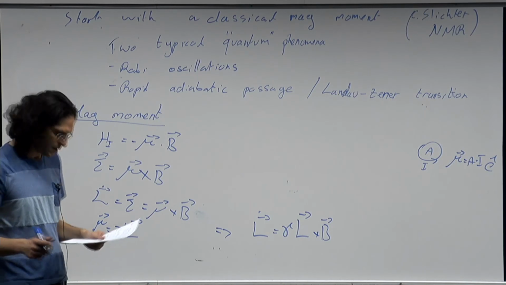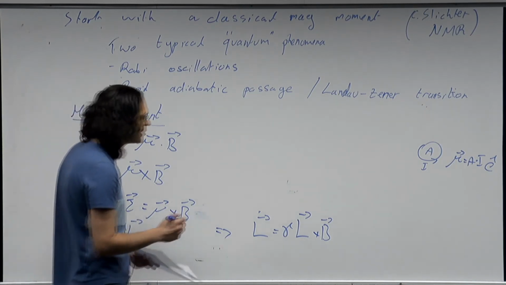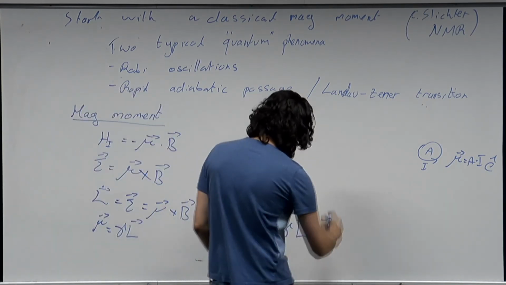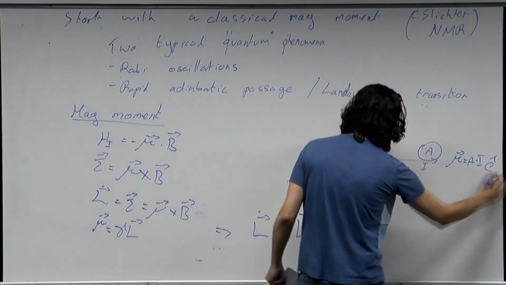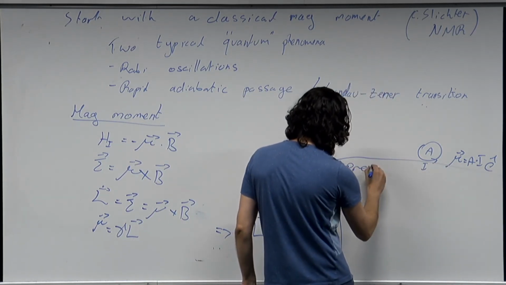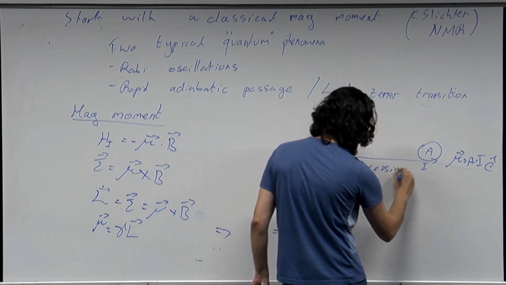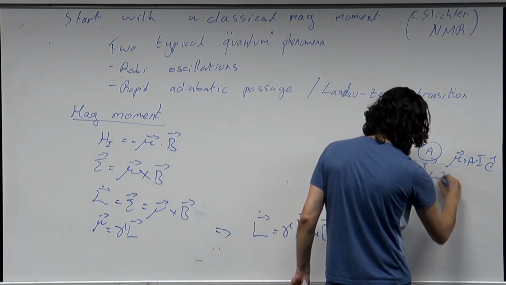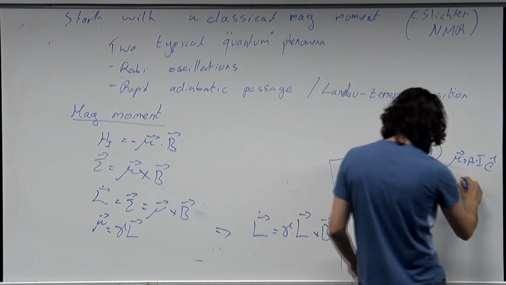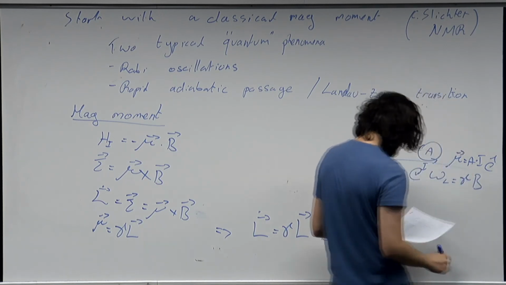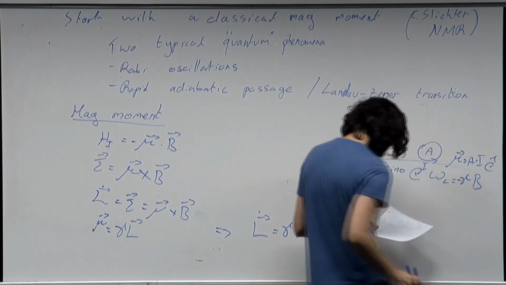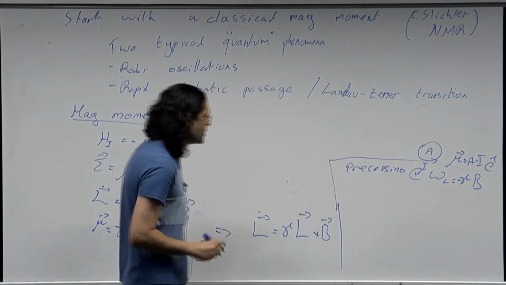Larmor oscillations, exactly. We get a precession at omega L, which equals gamma B, or minus gamma B, the way I've defined it here. Okay, so this is the solution.